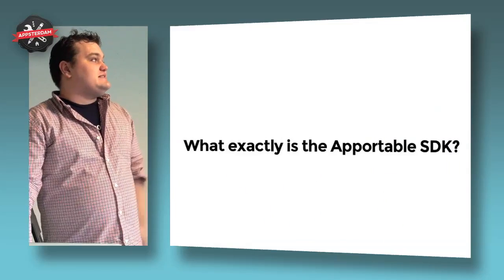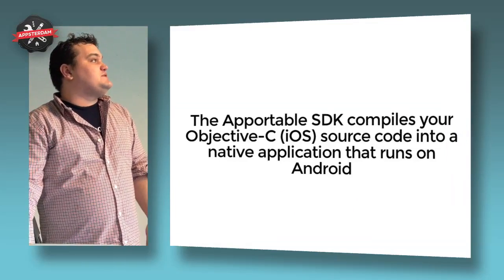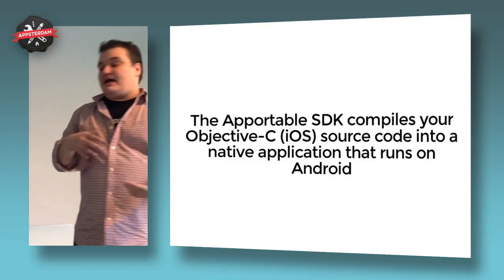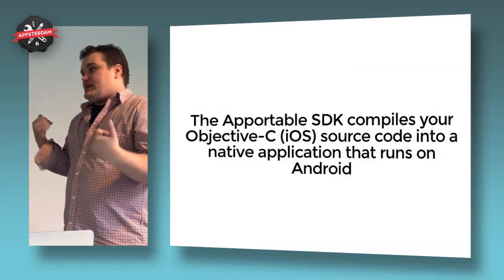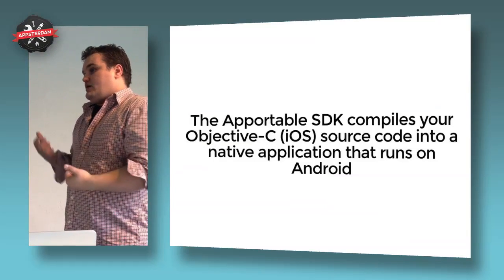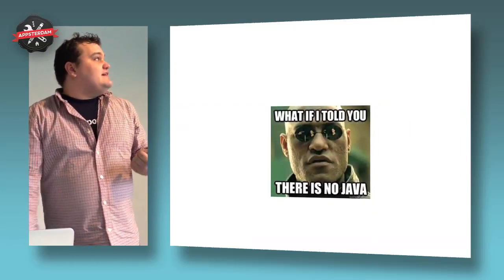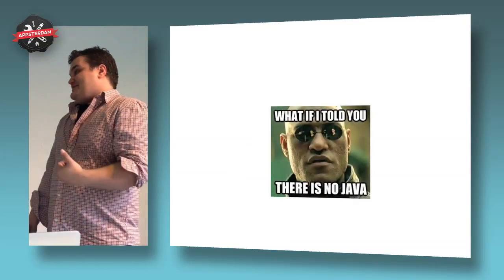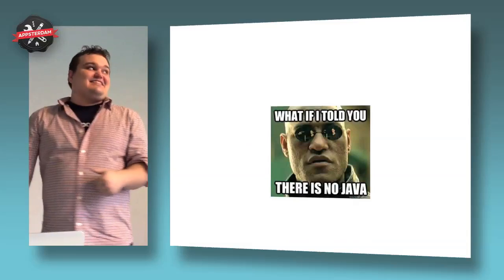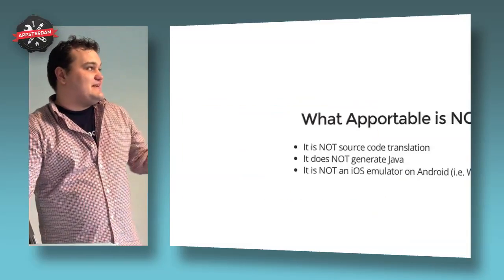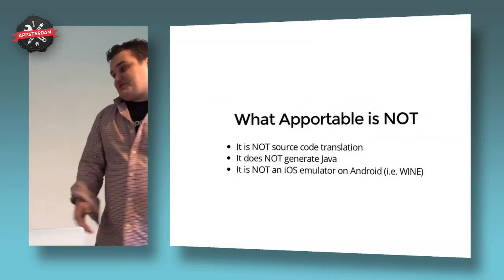So what is the Apportable SDK exactly? The Apportable SDK compiles your Objective-C source code into a native application that runs on Android. When I say that, it's easier to explain that there is no Java. There is absolutely no Java, and it's probably easier just to say what we're not. It is not source code translation.